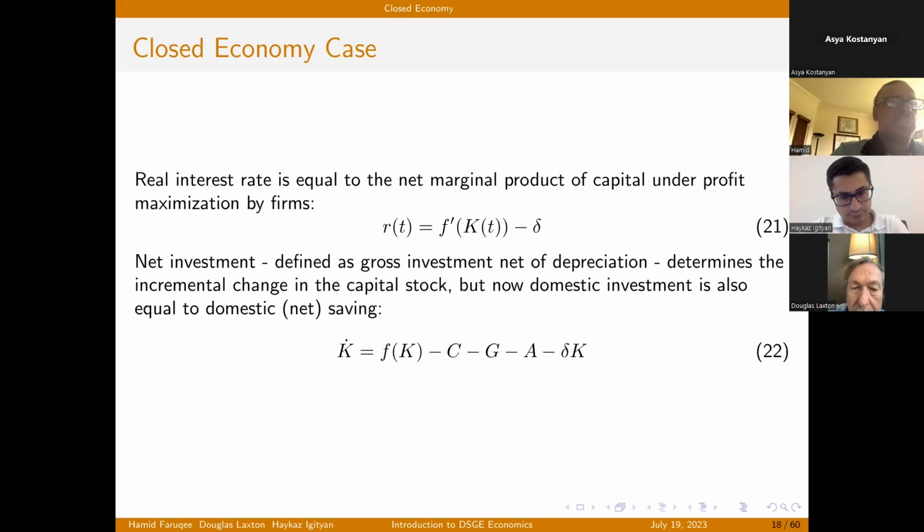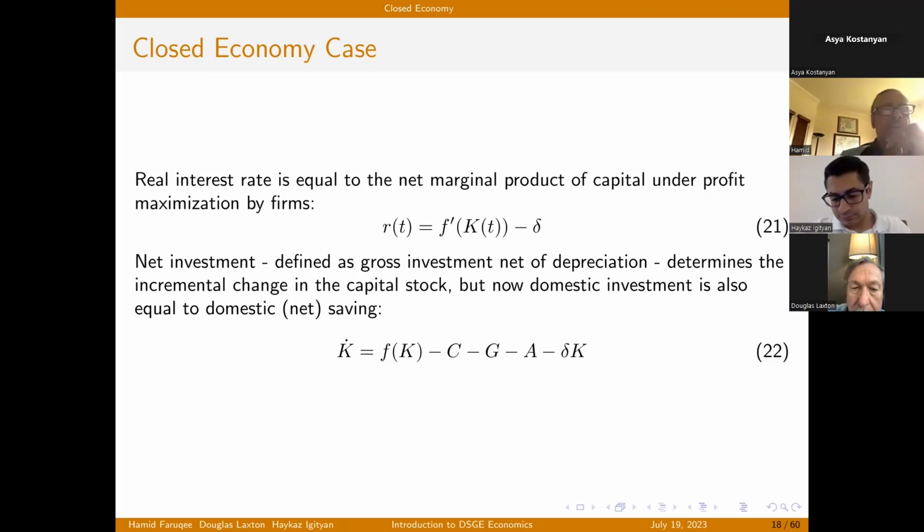So in the closed economy case, we have, under perfect competition, which we've talked about in the RBC model, a similar result here: the interest rate is equal to the net marginal product of capital, the derivative of the production function with respect to K, minus the depreciation rate.